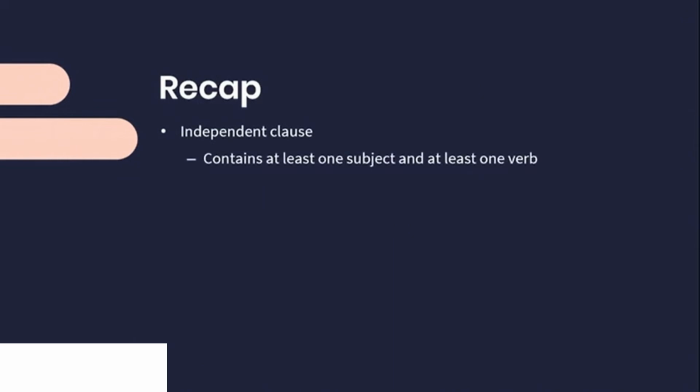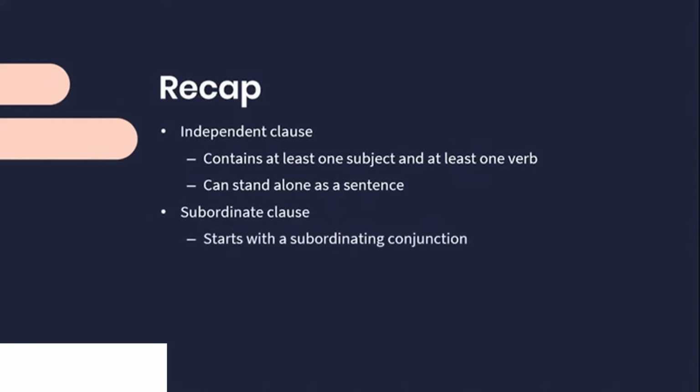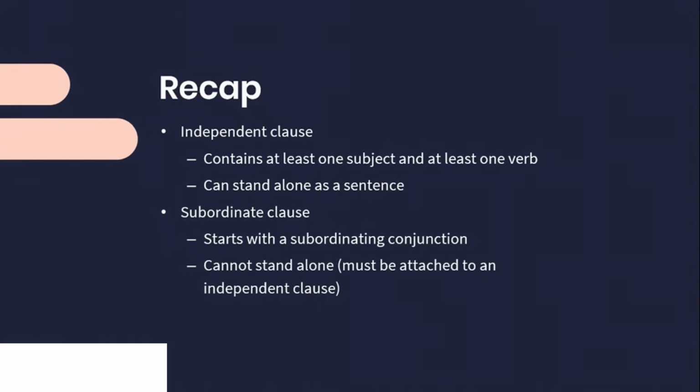So let's do a quick recap of what you've learned so far. An independent clause contains at least one subject and at least one verb. It can stand alone as a sentence. A subordinate clause starts with a subordinating conjunction. It cannot stand alone.